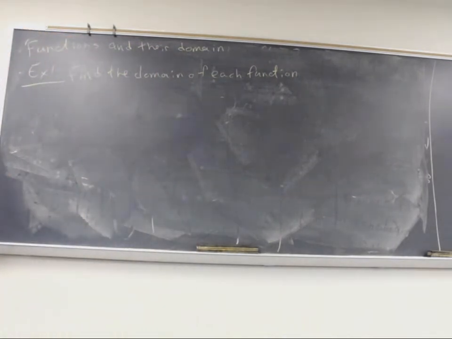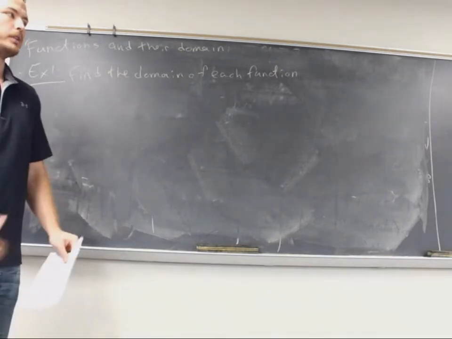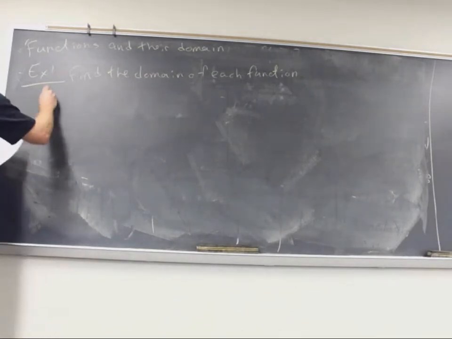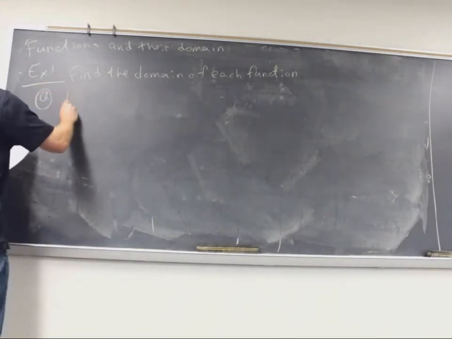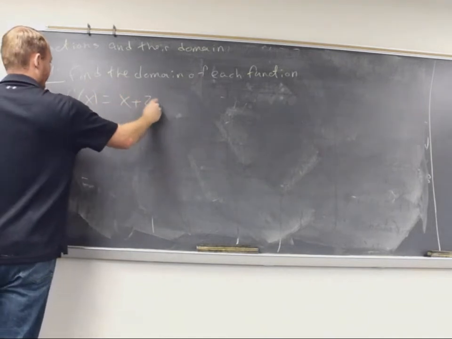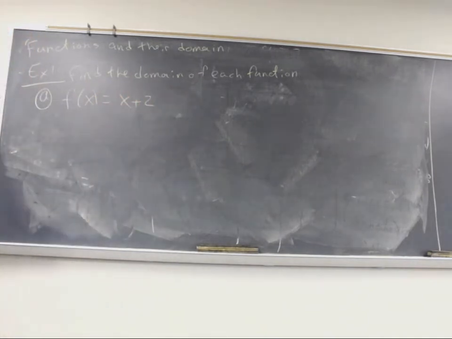So I'm going to draw a graph for some of these, just to help the two relate to each other. But on the exam or quiz or anything, you're just going to be given the function, such as this. Let's say part A, f of x is equal to x plus 2. So you're going to be given that, and you're going to have to tell me what the domain is.